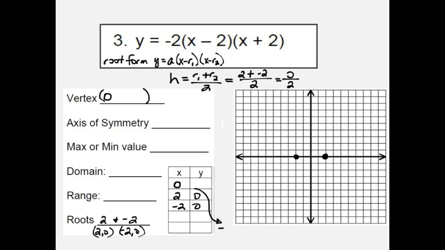I've got negative 2 times 0 minus 2 times 0 plus 2, or negative 2 times negative 2 times positive 2, which is 8. So (0, 8) is my vertex. Okay. So I'm going to plot that here on the graph.